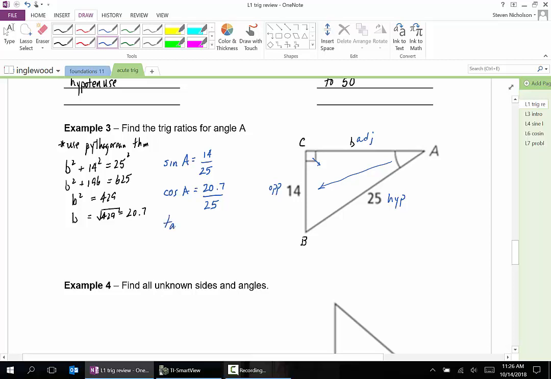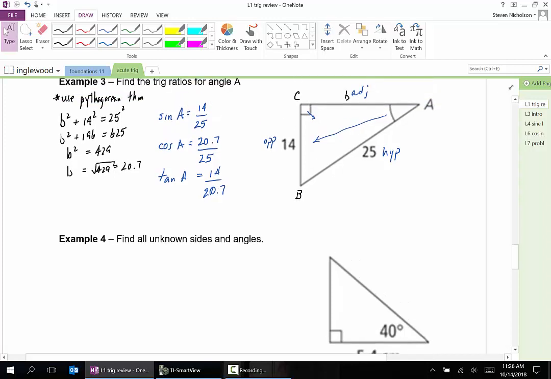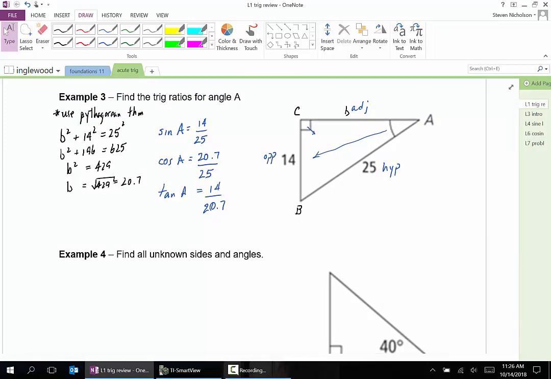And finally, the tangent of angle A is the side opposite, which is 14. The side adjacent is 20.7. And that's all we want. Now, if we wanted to know angle A, we have more than enough information, and we'd use our calculator and we'd figure it out. But we're going to come to that later.